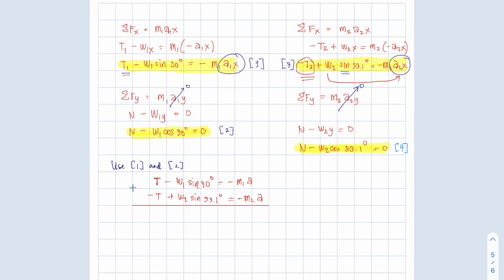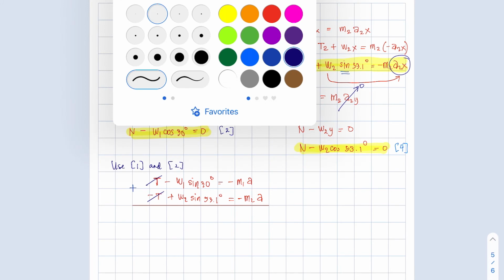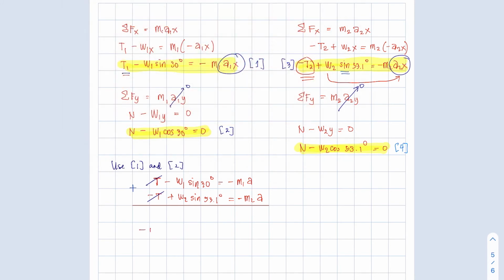So if you try to look into this one, T plus negative T, that will just be cancelled out because that will be 0. And what will be left is this one. We will be left with negative W1 sine of 30 degrees and then plus W2 sine of 53.1 degrees.